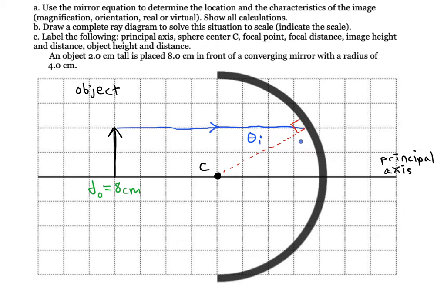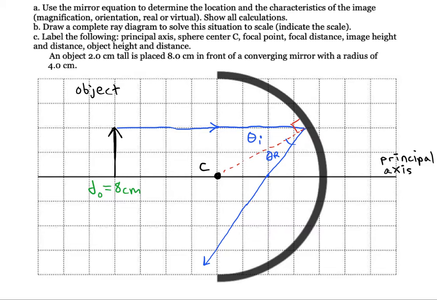So we want to draw a ray which comes out from there at the same angle that it came in with. Now, I'm going to have it go through this point here. And that can be the angle of reflection. But I hope it's clear that that's not exactly the right angle. The angle should be a little bit bigger than that.